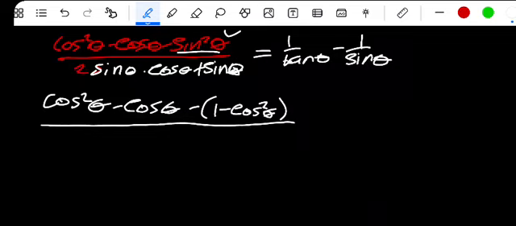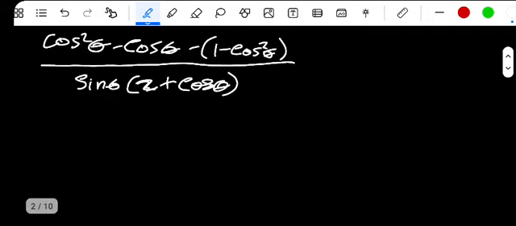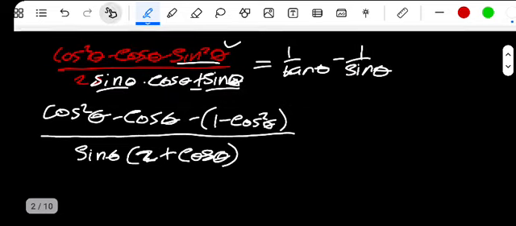Then, for the denominator, let us take the common factor. We have sine theta there, so we can take out sine theta as a common factor, leaving 2 plus cos theta. Before you start, you're supposed to tell the examiner, I'm working on the left hand side.